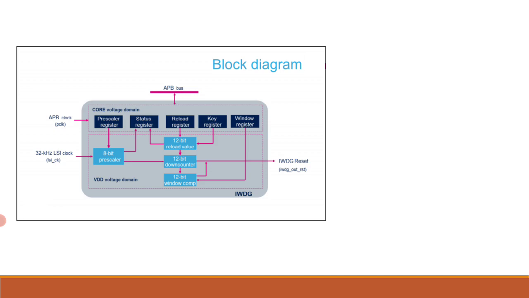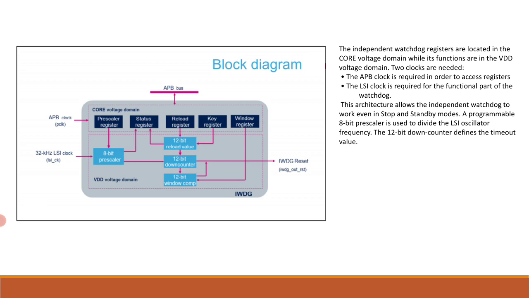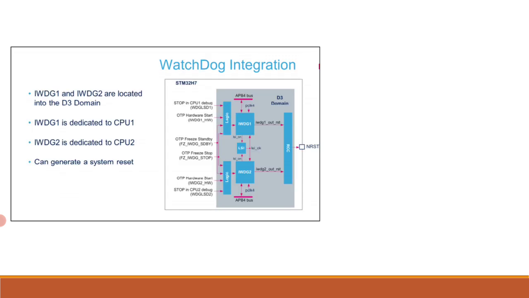The STM32H7 microcontroller includes two independent watchdogs. IWDG1 is dedicated to CPU1 usage, and IWDG2 is dedicated to CPU2 usage. For each independent watchdog, it is possible to select the hardware or software start via option bytes.